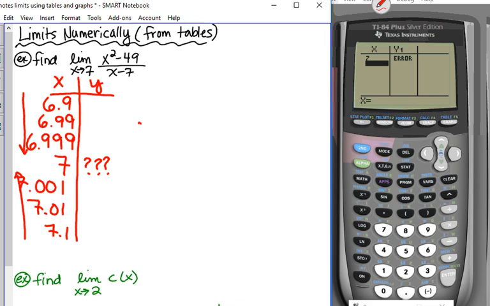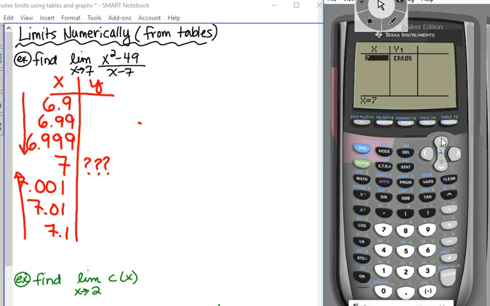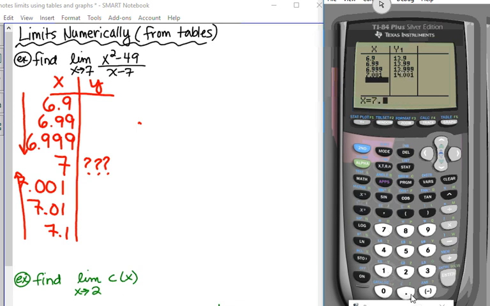So I need to make my table. For my x values, I'm going to start over at the top again. I'm going to put in 6.9, then 6.99, and 6.999. It doesn't really matter what 7 was. We already found that was an error. Then 7.001, 7.01, and 7.1.